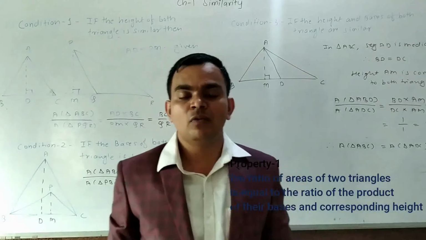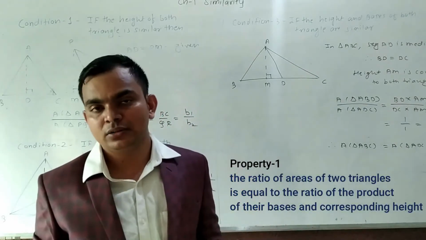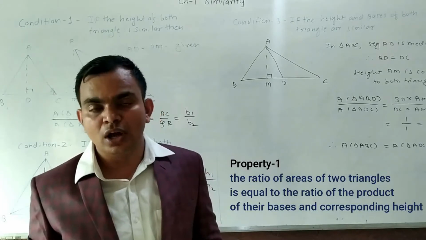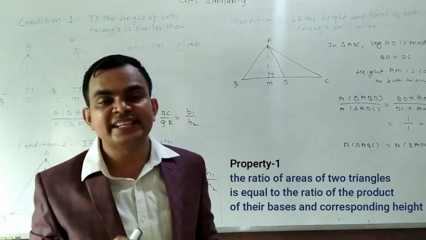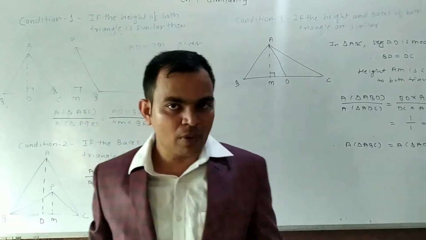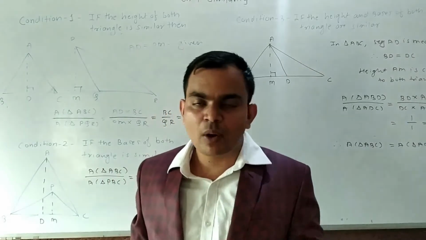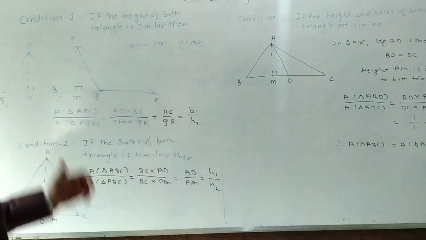In property 1, what we have learned is that the ratio of the area of two triangles is equal to the ratio of the product of their bases and corresponding heights. This was our first property. By using this property we are proving condition 1.